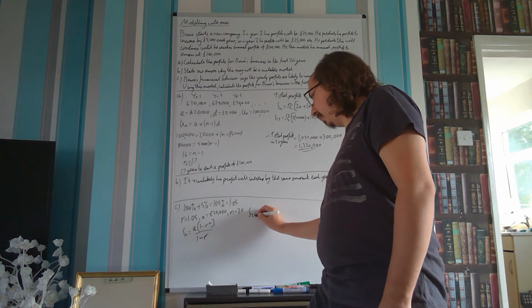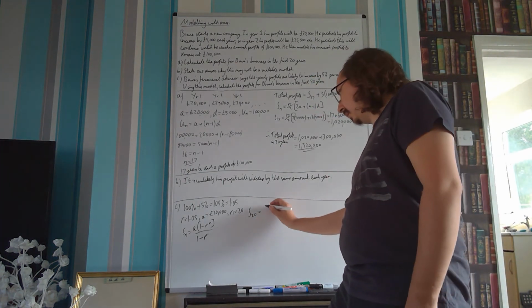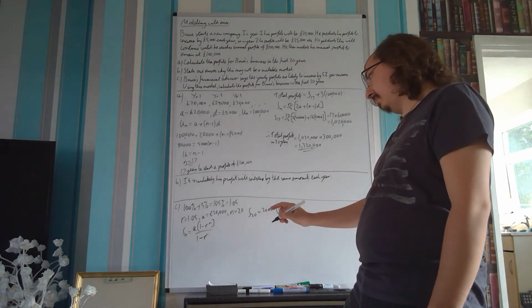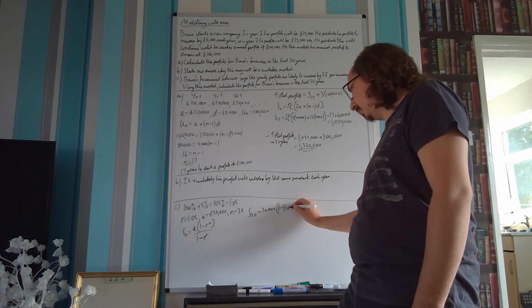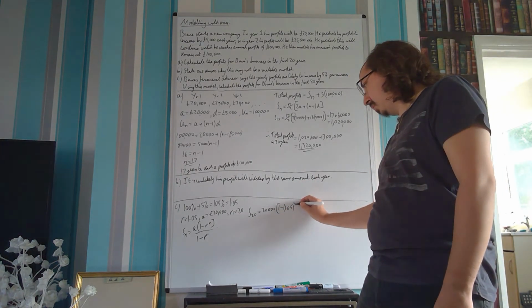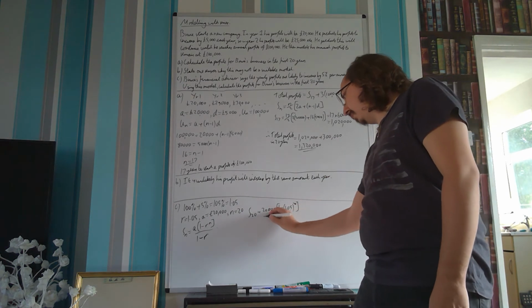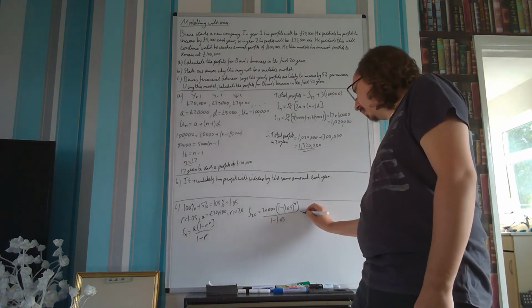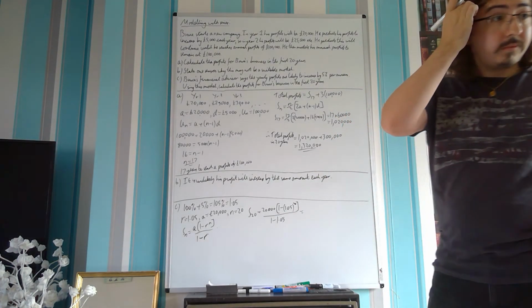So the sum of the first 20 years gets us 20,000 times 1 minus r, which is 1.05, to the power of n, which is 20, over 1 minus 1.05.